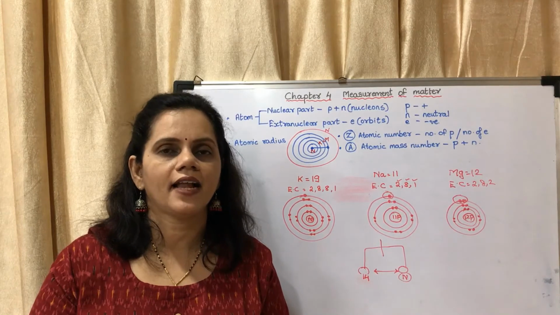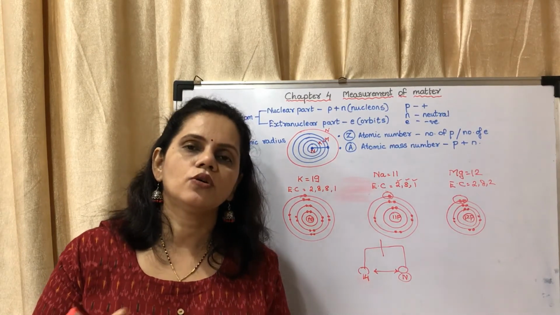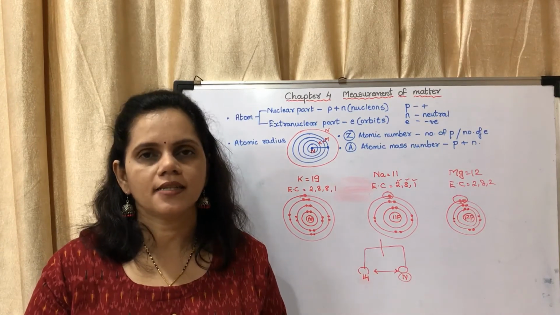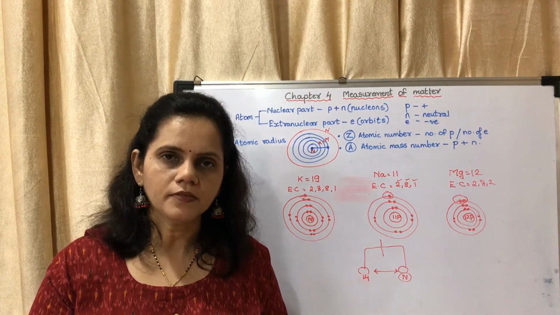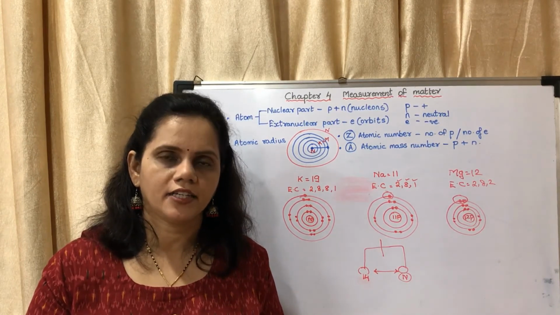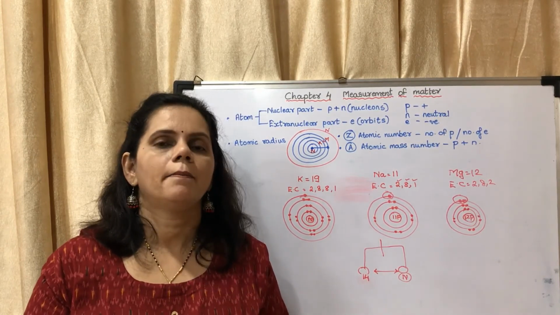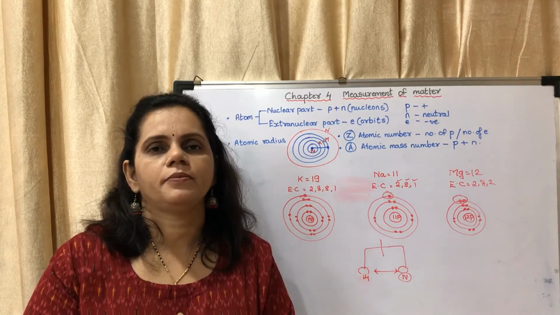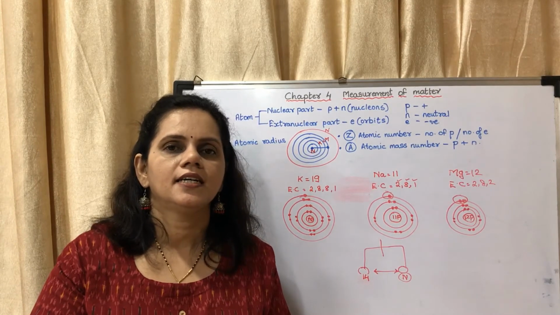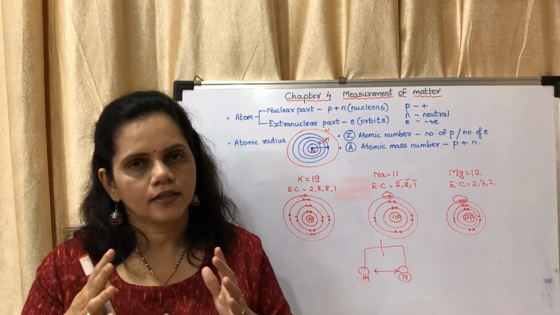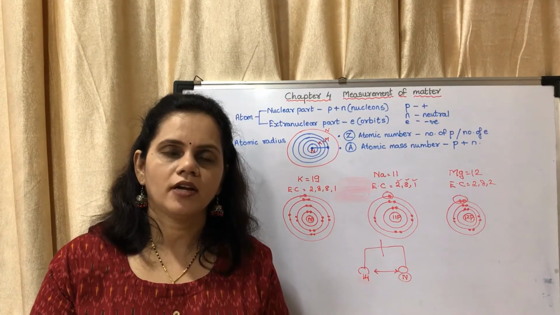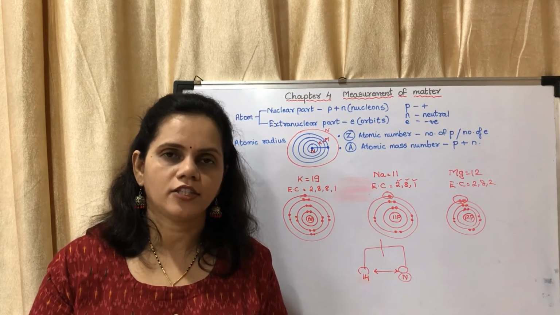So they changed hydrogen and they took carbon atom as the standard value for relative atomic mass. But what we have to remember: earlier hydrogen was taken as the standard atom, and afterwards carbon was taken as the standard atom for calculating relative atomic mass.